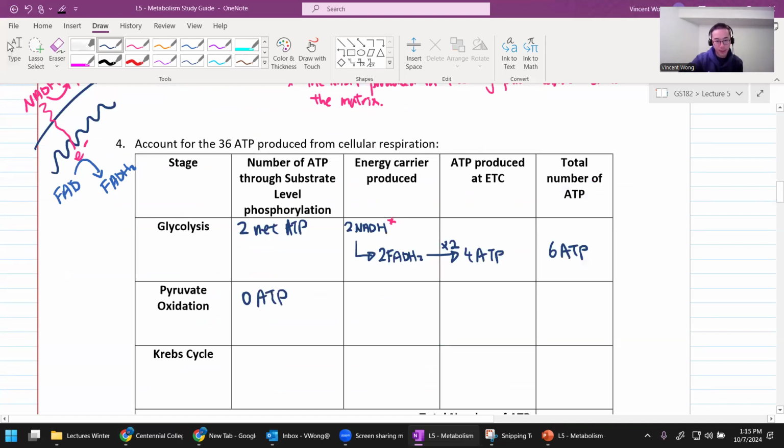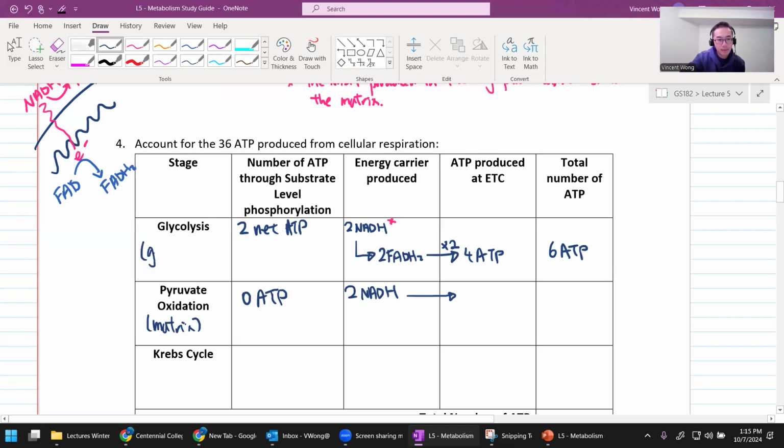Not directly anyways. But indirectly, through the ETC, we have 2 NADH. We capture the high energy electron, going to transport it to the ETC. Okay. We don't need to pass it on to FAD this time because we are already in the matrix, right? This is already in the matrix.